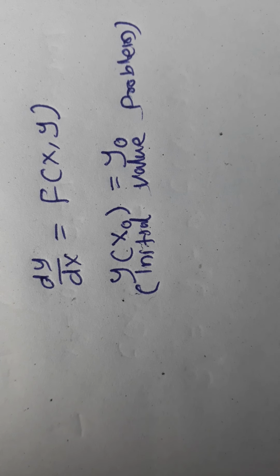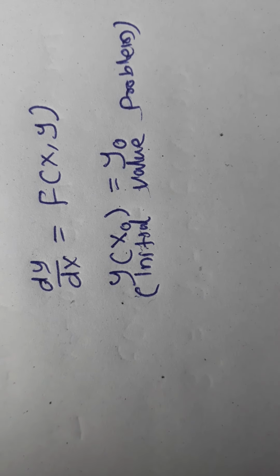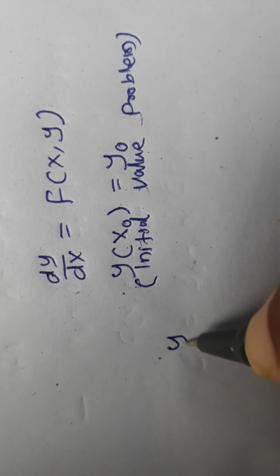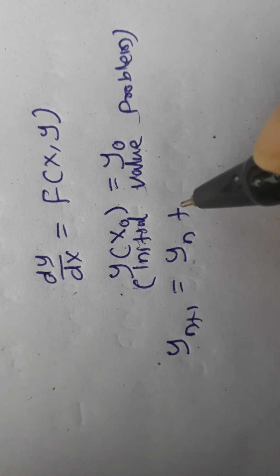First of all, let us discuss the general rule to solve this type of problem in the Euler method. The general rule in the Euler method is y of n plus 1 is equal to yn plus h times f of xn, yn.